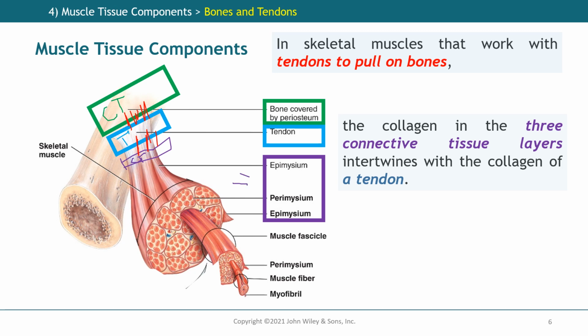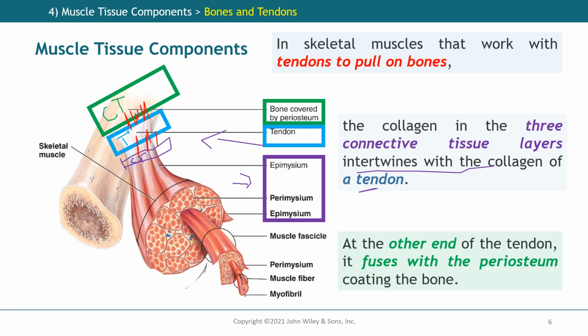Here you have connective tissue that I put in purple. You have three layers, and these three layers have, of course, collagen, and that collagen is going to intertwine with the tendon that here you see in blue. And the same thing is going to happen with the connective tissue of the bones. So at the other end, here, let's put it in green.